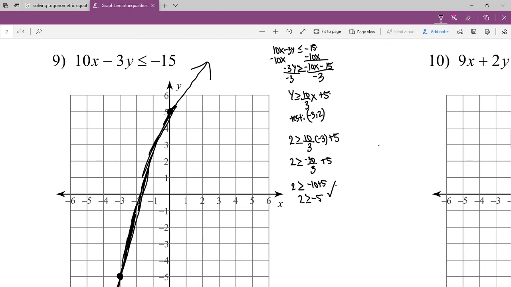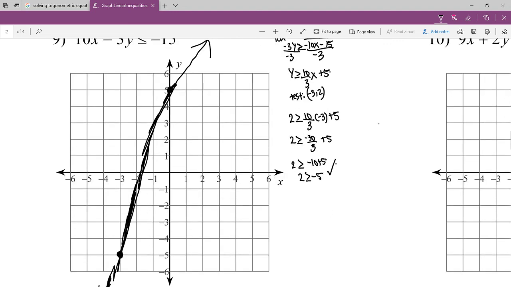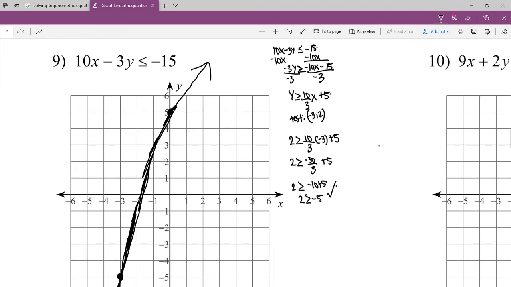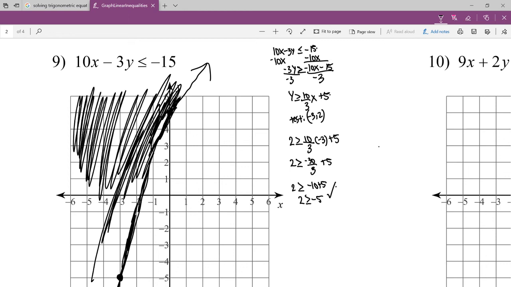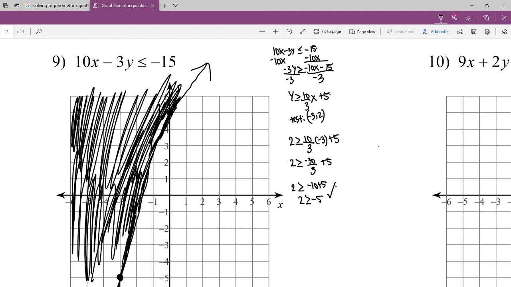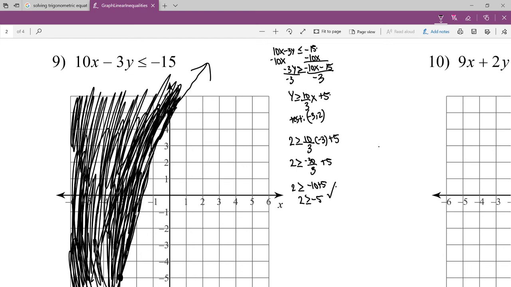So since it was -3, 2, you would shade above, you would shade this part right here. Yes, it would be like this.